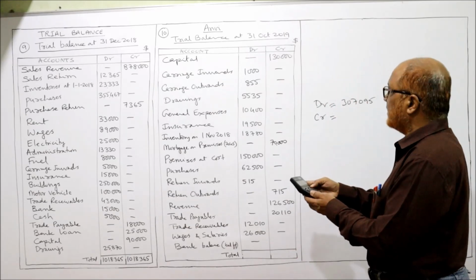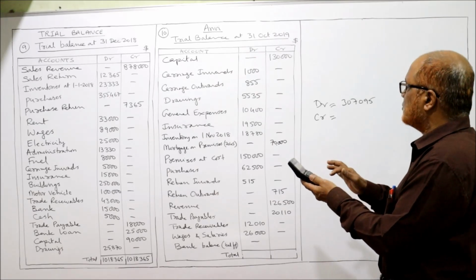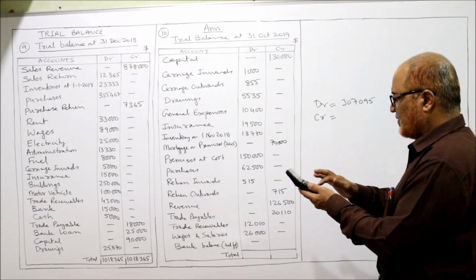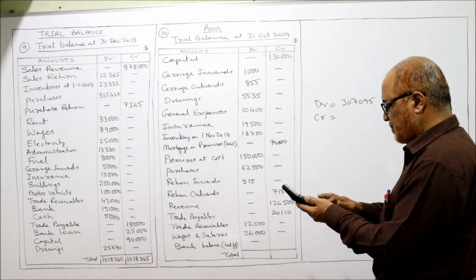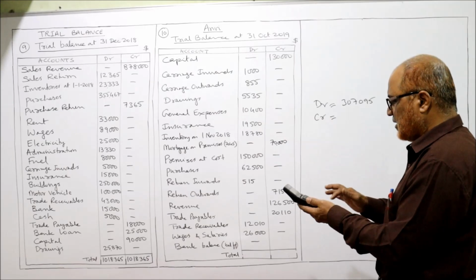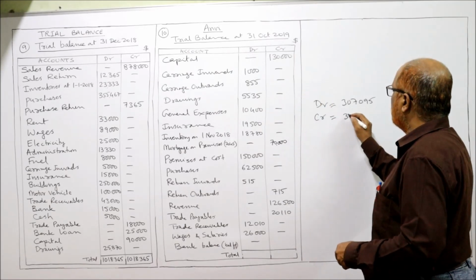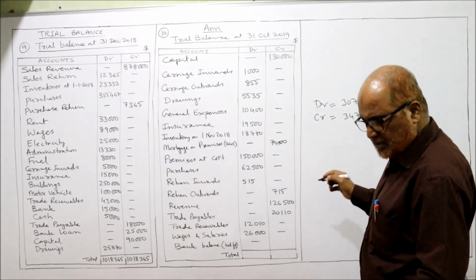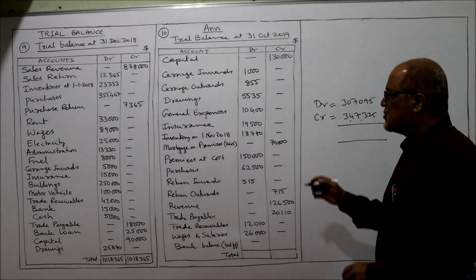Now total on the credit side, 1,30,000 plus 70,000 plus 750 plus 1,26,500 plus 20,110. That comes to 3,47,360. That means credit side is more.